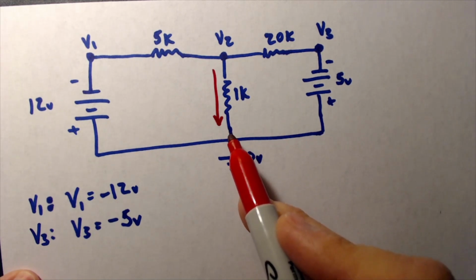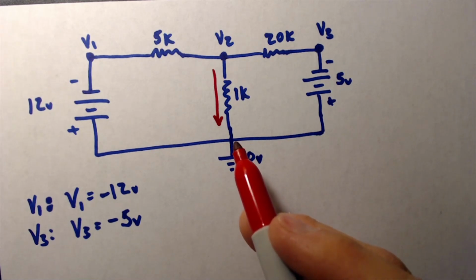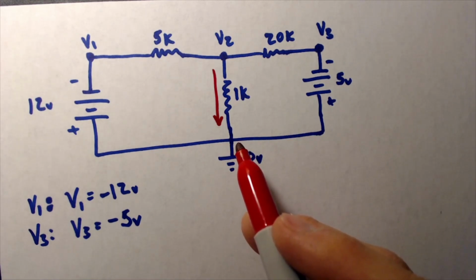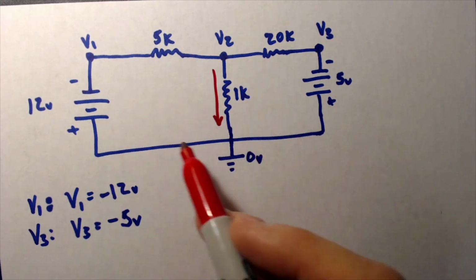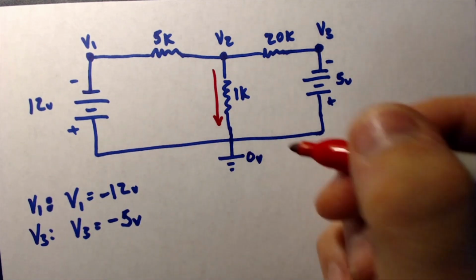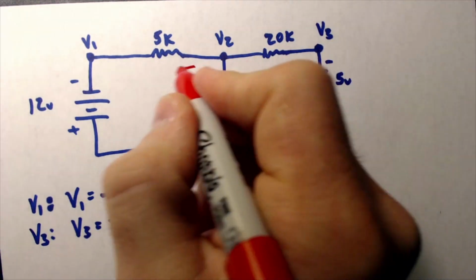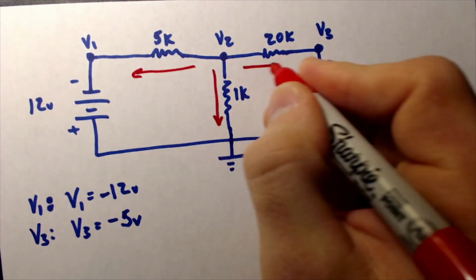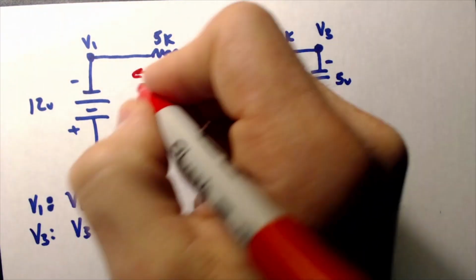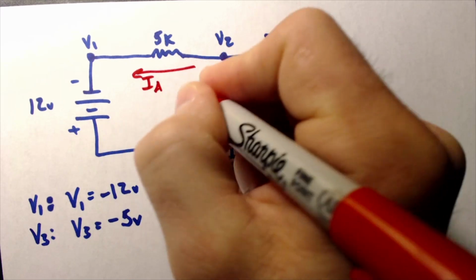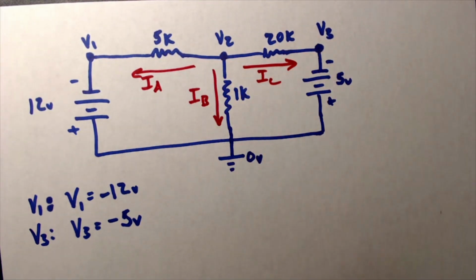Remember, for nodal analysis, we're just picking current directions for the sake of writing the equations. Once we've solved those equations, we don't care about those current directions anymore. Okay, so I picked this to go down. I'll pick this one to go to the left and this one to go to the right. I'll just have them all so that they're leaving. And then I'll label these IA, IB, IC.